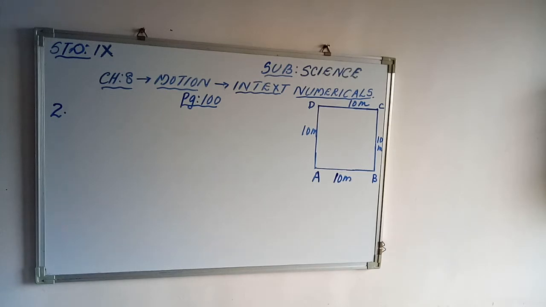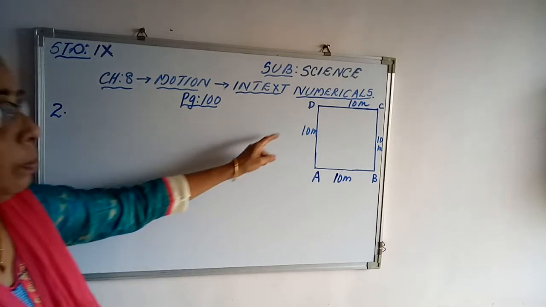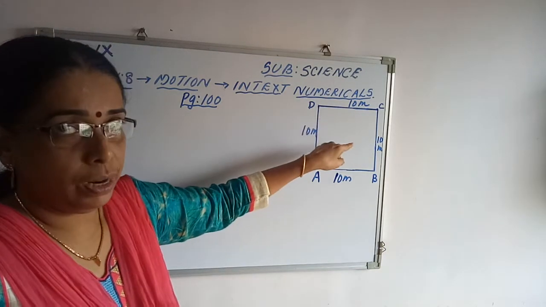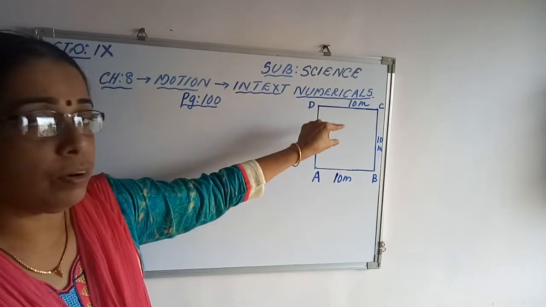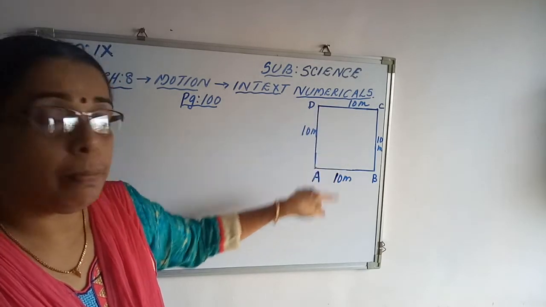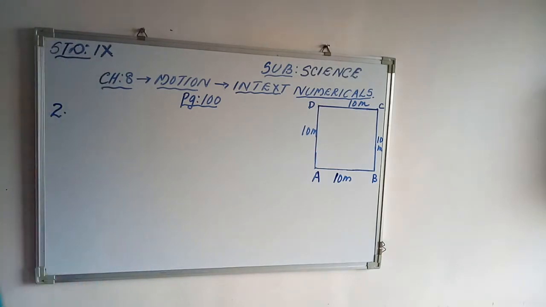Now, how to do it? See here. If the farmer moves one round around this square field, the distance covered will be equal to the perimeter of the square field, isn't it?